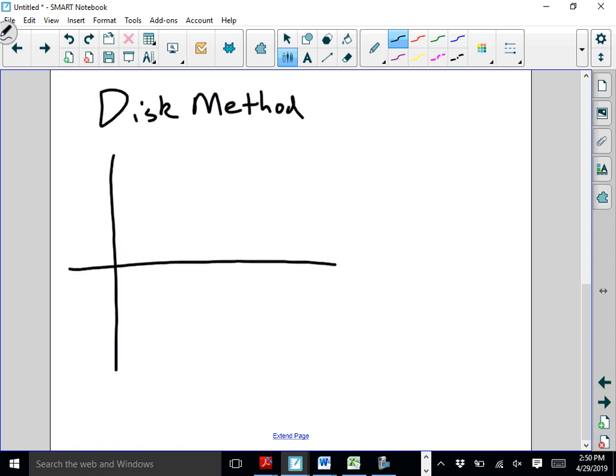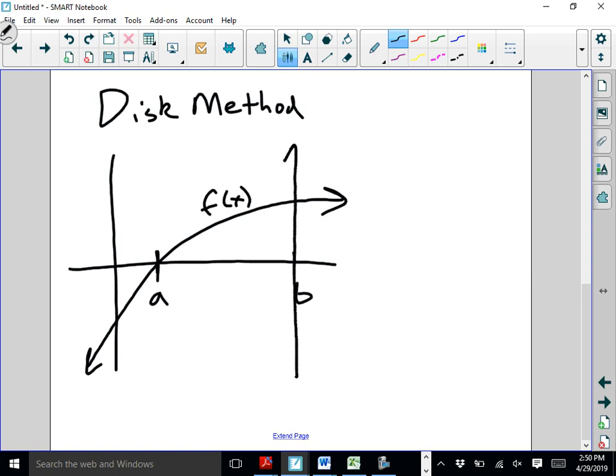So here's f of x. This intersection is at the x value a. And then at b, we have a vertical line x equals b.